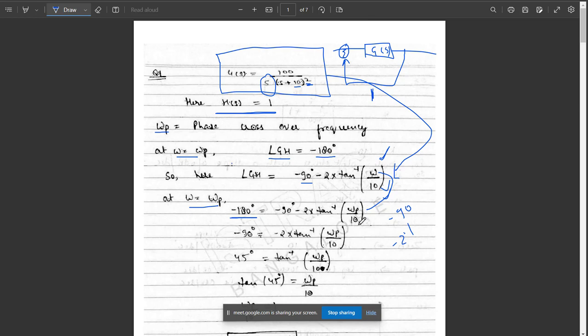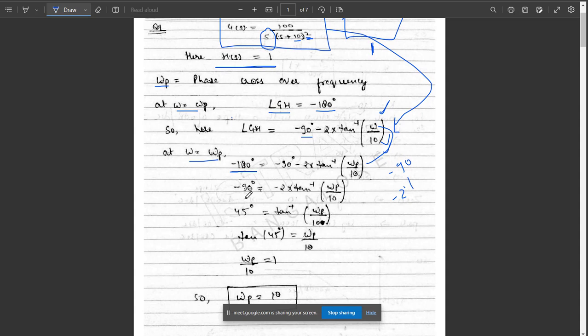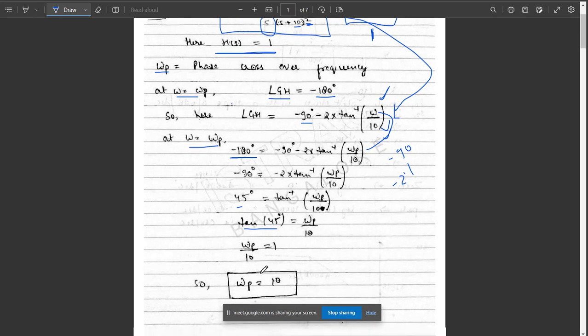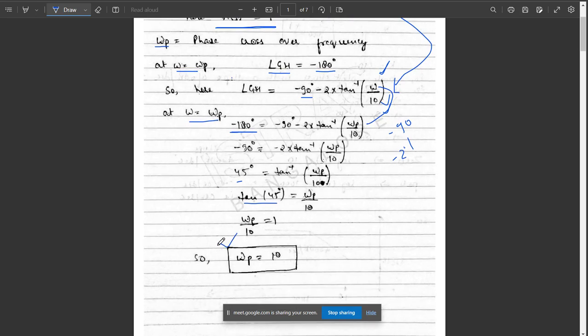So omega p by 10, and from here we'll solve, and tan inverse of 1 is 45 degrees, so omega p by 10 equals 1. So from here we got omega p equals 10, right? This is simple arithmetic, and you will get omega p equals 10.